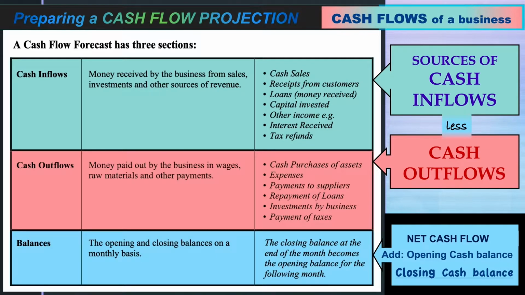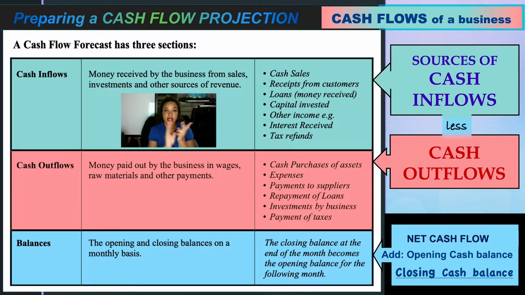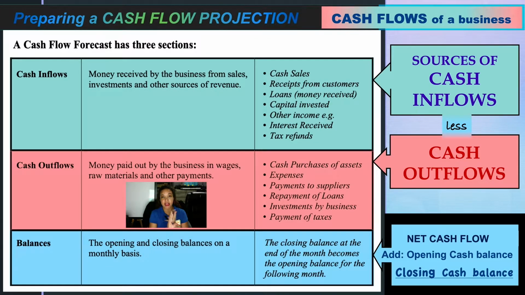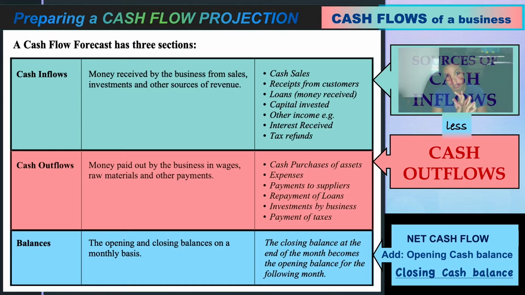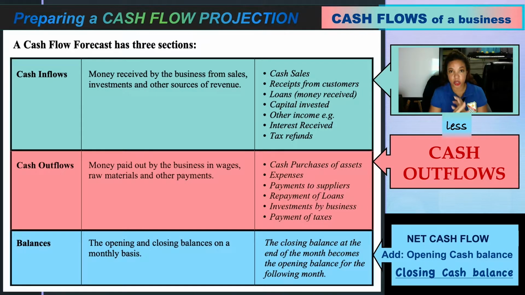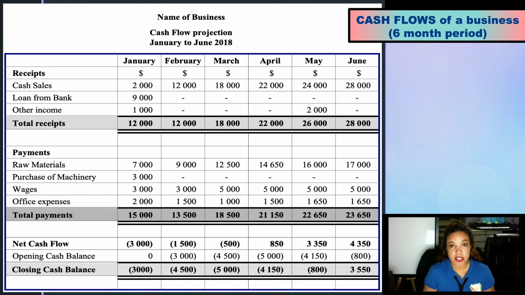Okay, so there are your three sections. Very, very simple. Inflows you start with, outflows next, and then you have your balances, which includes your net cash flow.